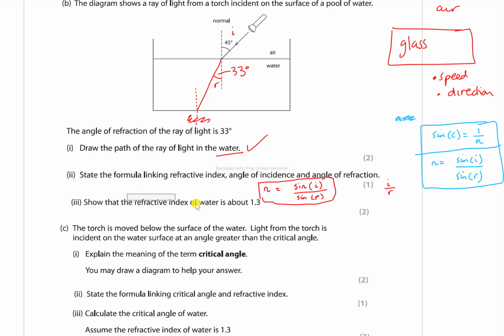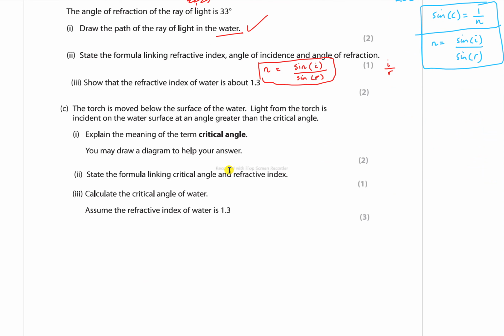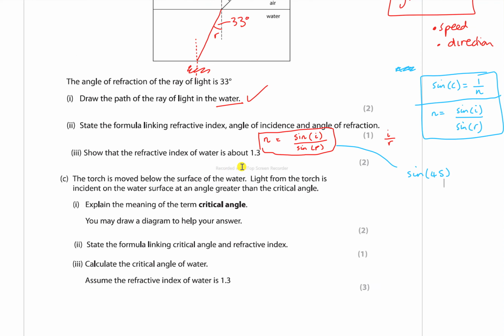Right, show that the refractive index is about 1.3. So we know sine 45 degrees, where did that come from?